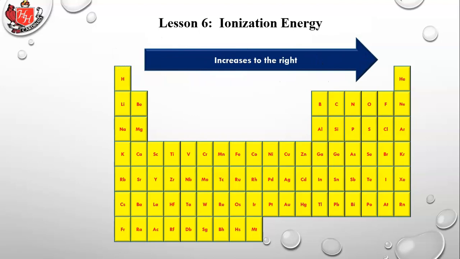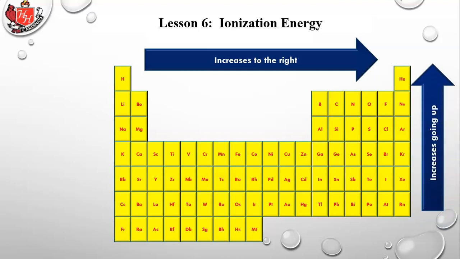Okay, so ionization energy increases to the right across the periodic table. So let's just take the second row, lithium, beryllium, boron, all the way across to neon. The ionization energy increases. Lithium has the lowest in the second row, and neon has the highest ionization energy in the second row. It also increases going from the bottom to the top of the periodic table.